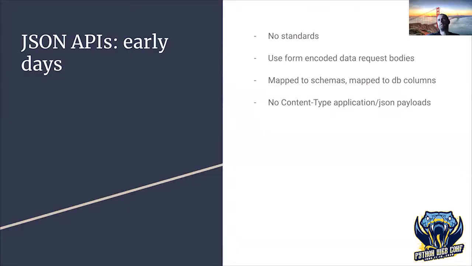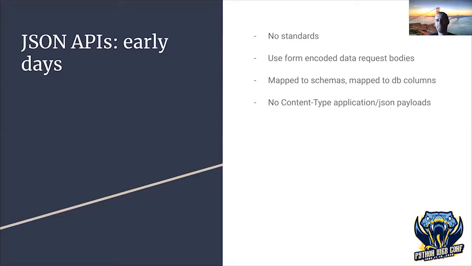And in the early days of JSON HTTP APIs, there weren't really any standards to describe them. People were still using form encoded data for the request bodies. So it wasn't like the API was accepting a JSON body and then outputting a JSON body. It was accepting form encoded data and then outputting JSON data.